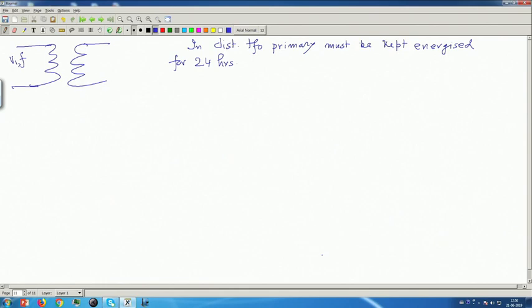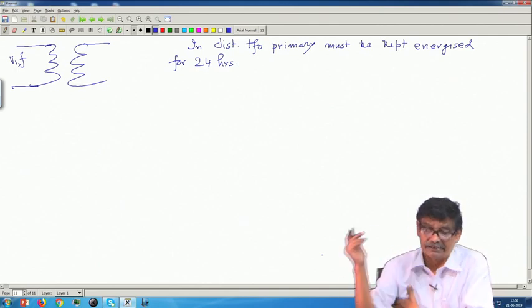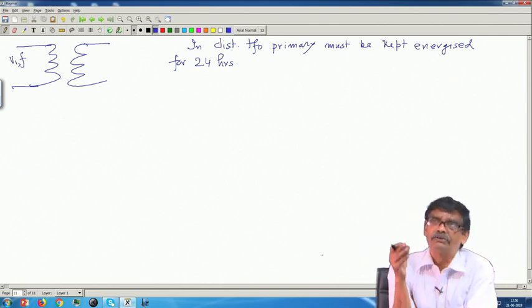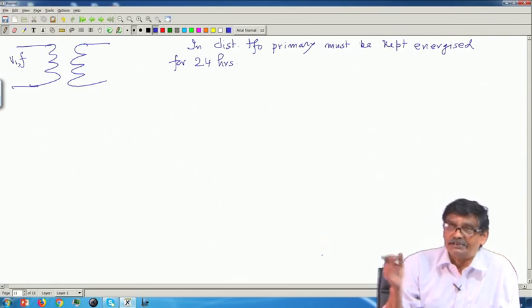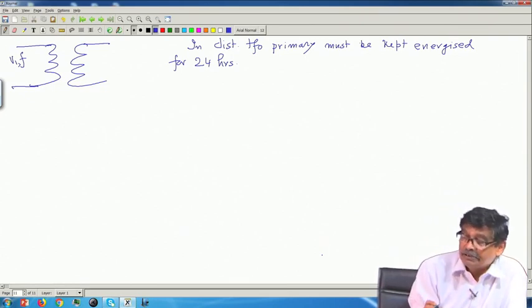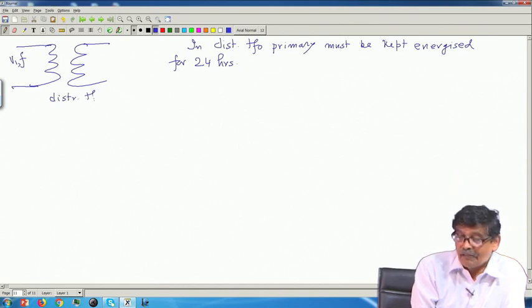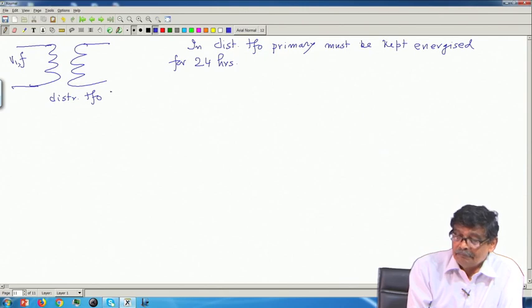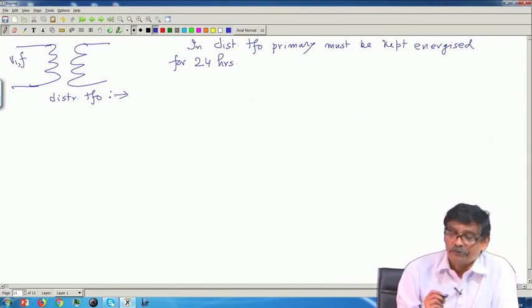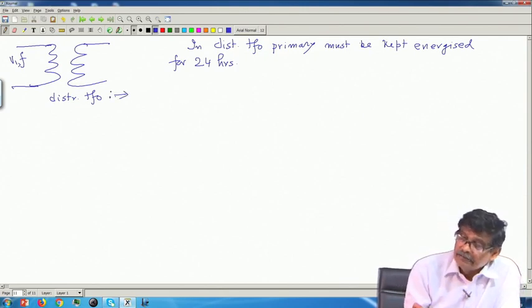Now, suppose I have to do some statistical observations on how the load pattern changes. But we will not go to that level of statistical distribution, I will say this much. Suppose for this distribution transformer this information is known.